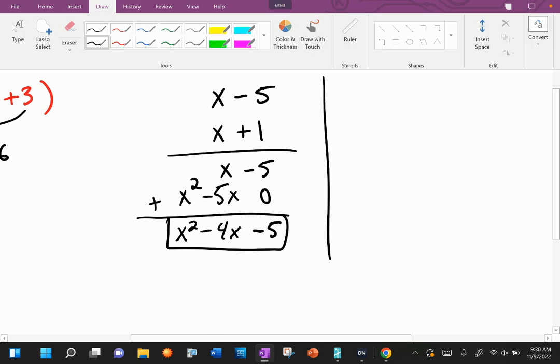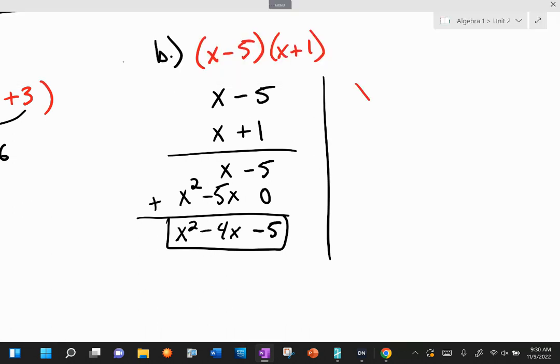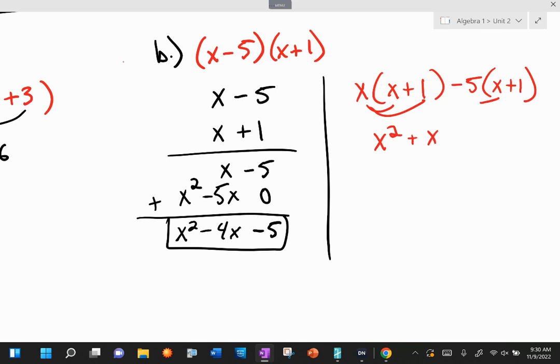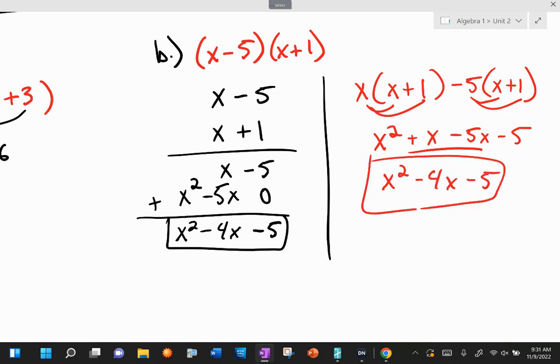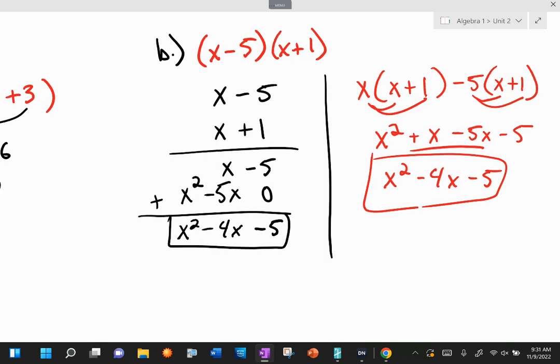If you just want to see the horizontal method real quick, I'm not going to talk through it, but I will just put it up here real quick. There you go. Squiggly lines.